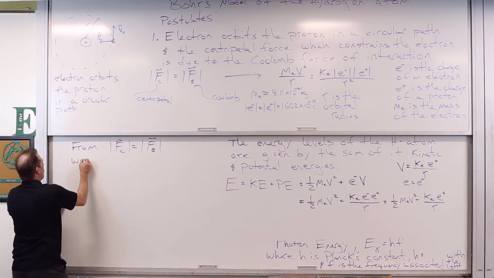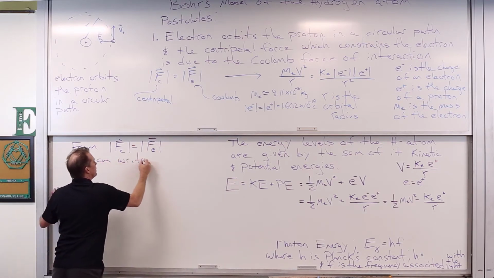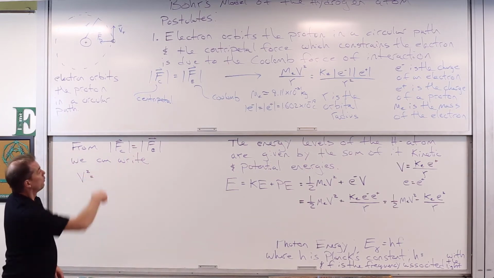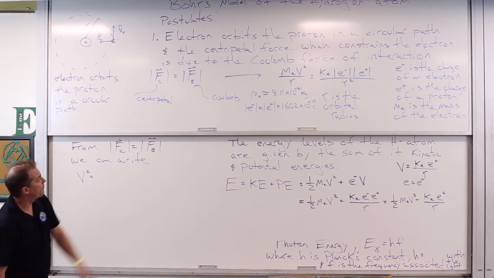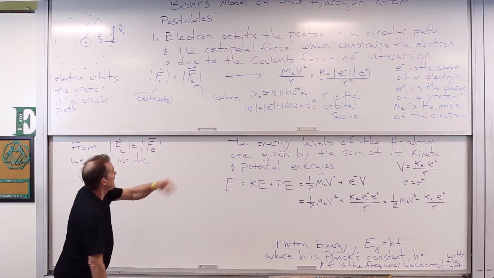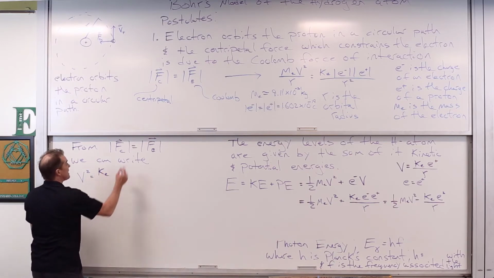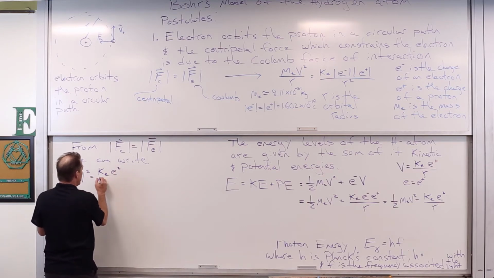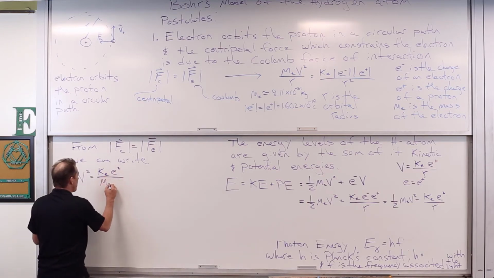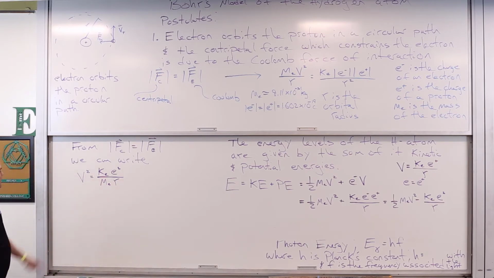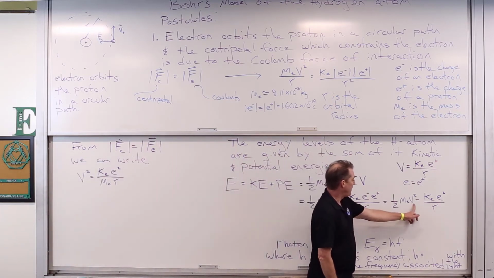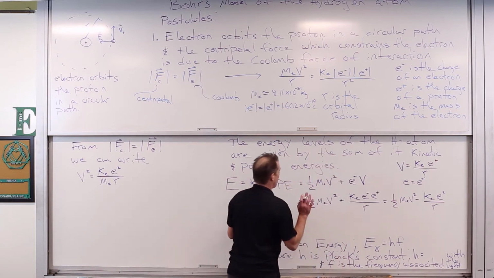We can write that v squared is equal to, one factor of r is going to cancel out, we divide by m, and we've got k sub e times the absolute value of e minus and e plus, so we'll write that as e squared: k sub e, e squared, divided by m sub e times r. So that's how we can rewrite this velocity squared. And then what can we do? Well, we can put that in right there. That's exactly what we're going to do.